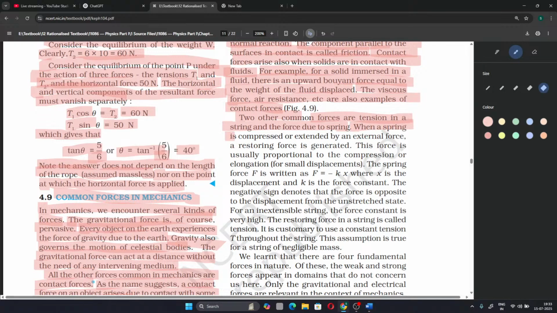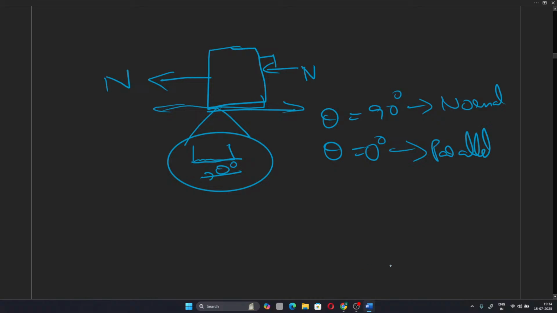When a spring is compressed or extended by an external force, a restoring force is generated. This force is usually proportional to the compression or elongation, that is, for small displacements. The spring force F is written as F equals minus kx, where x is the displacement and k is the force constant.